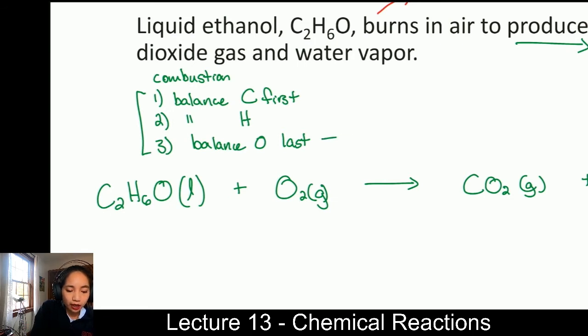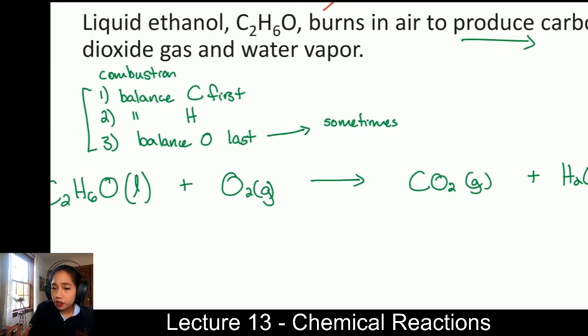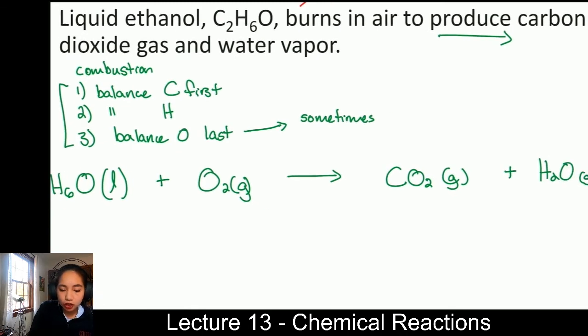So those are the rules for combustion reactions. And then when you balance oxygen, sometimes you might need to put a fractional coefficient in front of oxygen. And if there is a fraction in front of oxygen, you'll just multiply all the coefficients by 2. This is not an example of one, but sometimes there will be a fractional coefficient.